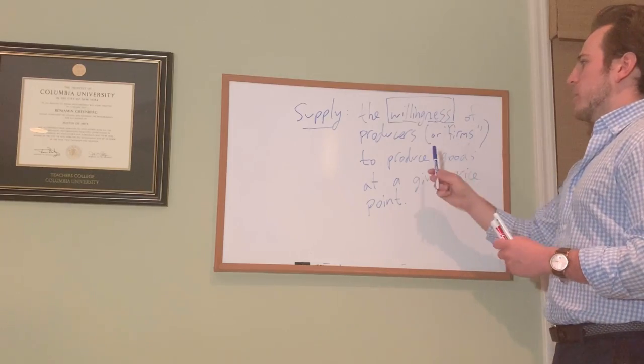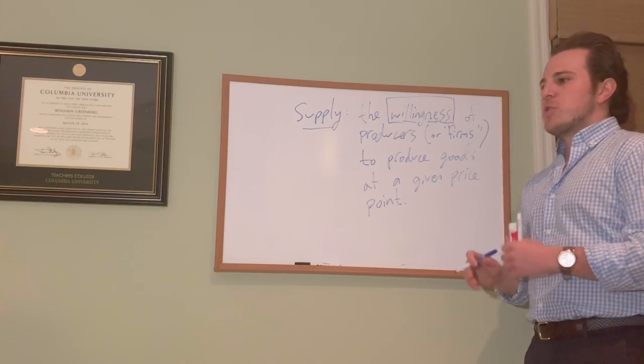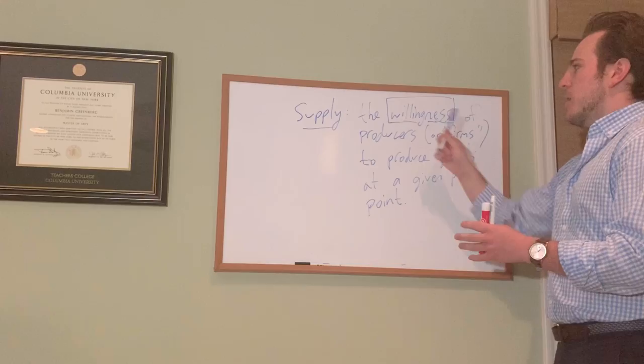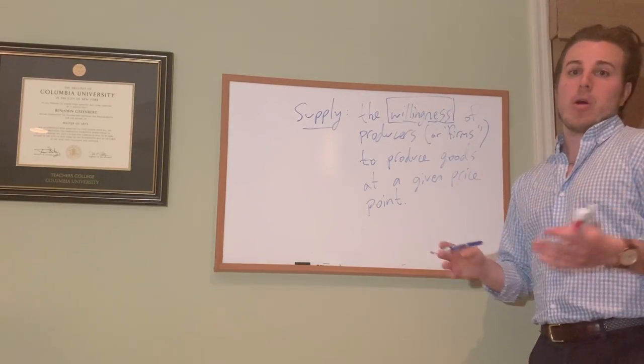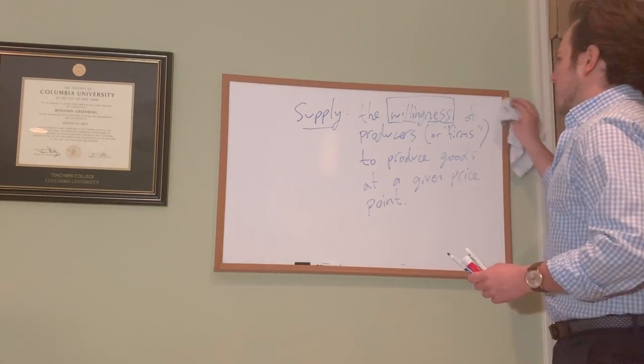Here, we're talking about the willingness of producers or stores or businesses or firms to supply items at different prices. Okay, so left to their own willingness, not forced, what are they willing to do? And that's supply and demand in a free market economy. Okay, so that's the backdrop with which we'll study supply.